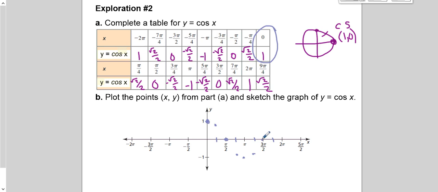Keep graphing. Patterns give us shortcuts. I'm watching my patterns. Look at our curve.